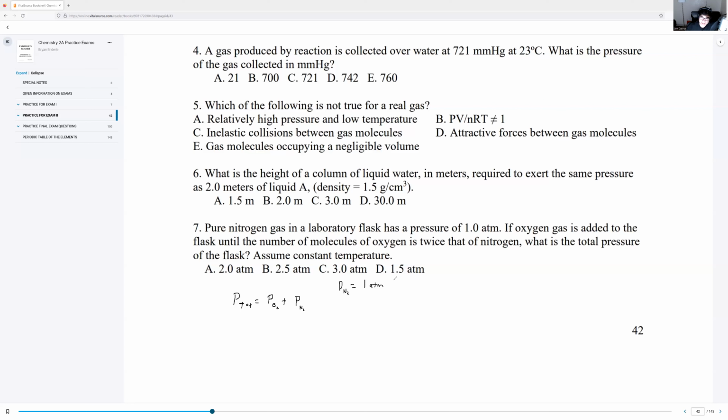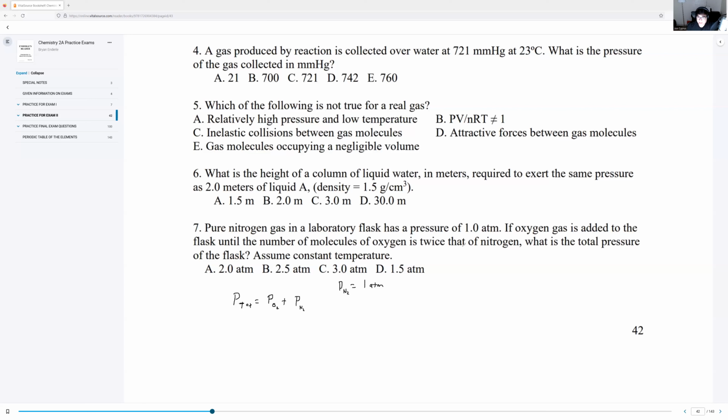So the number of molecules is linked to the number of moles. Now, if you have twice as many molecules, we're talking molecules, not mass, you will have twice as many moles.